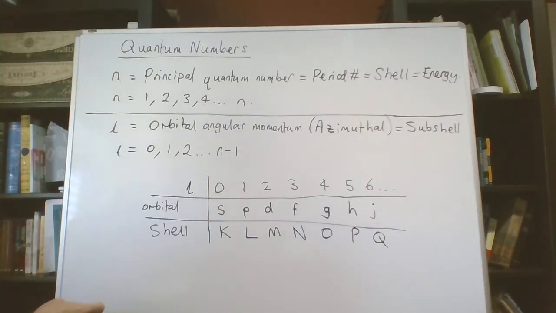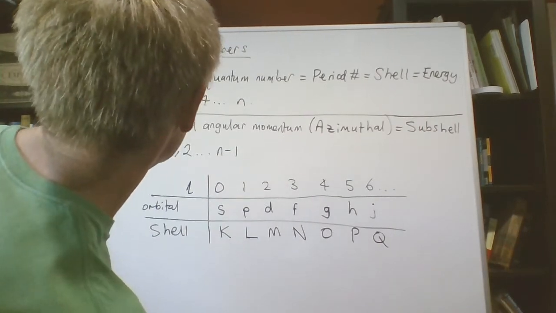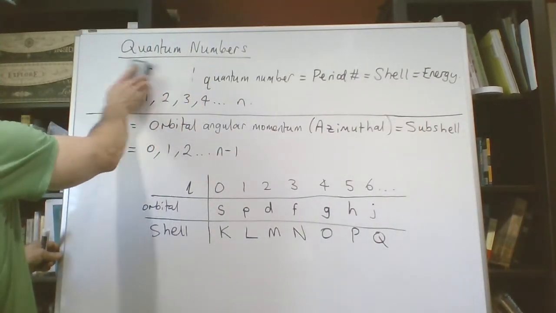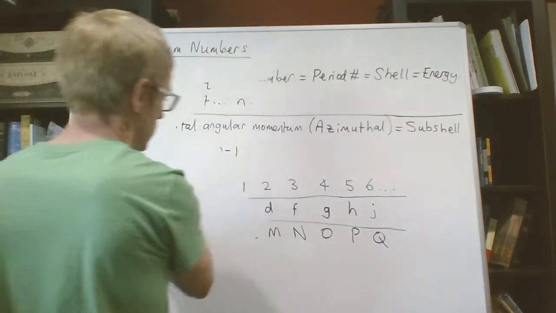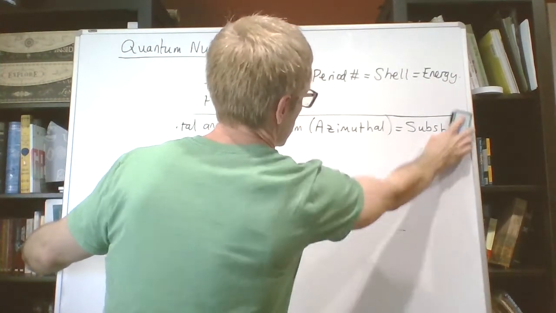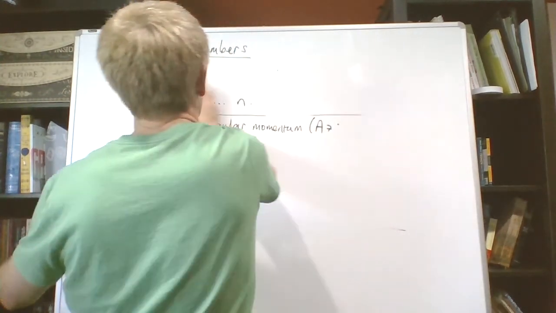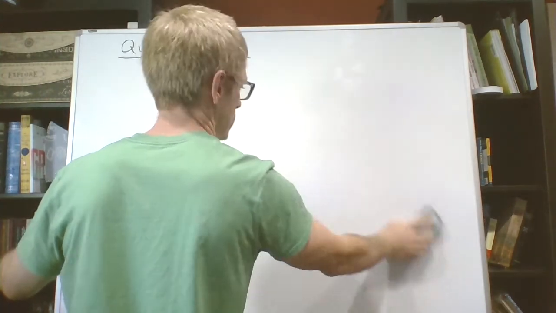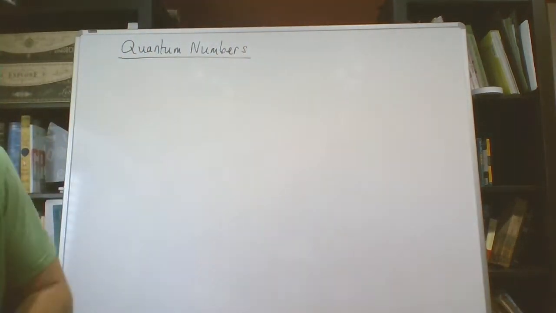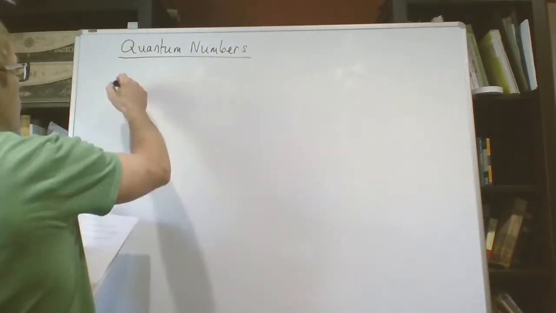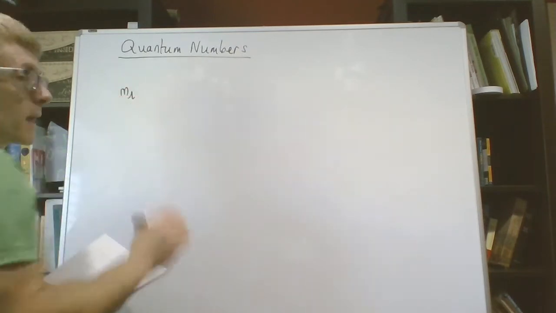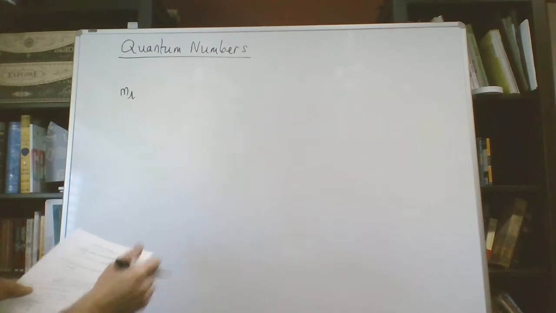There are two more quantum numbers, so let's erase the board and then we'll put them on so that we can put them on the same board. The third quantum number is ML, lowercase m, subscript lowercase l.